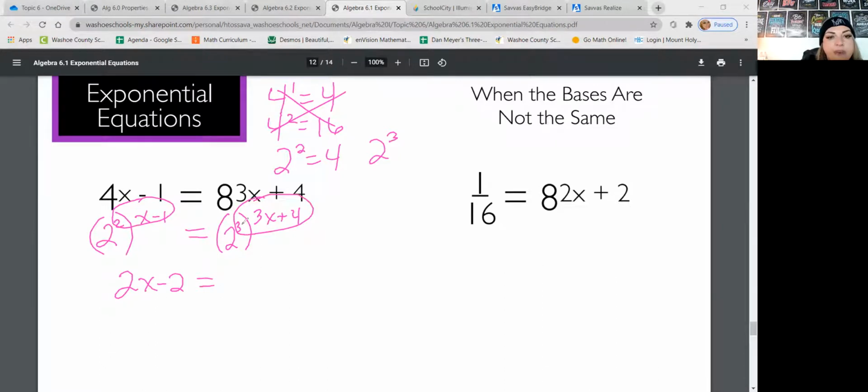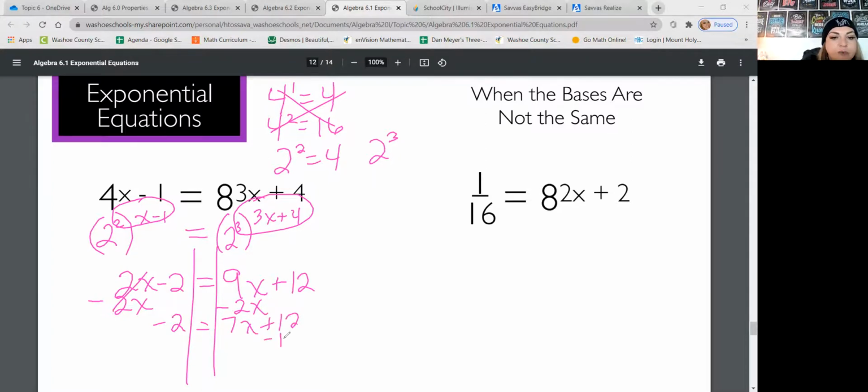Then we distribute here, we get 9x plus 12. Now we can solve for x. We'll subtract 2x from both sides, and then we'll subtract 12 on both sides. So x equals -2.